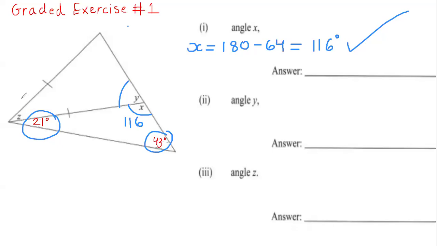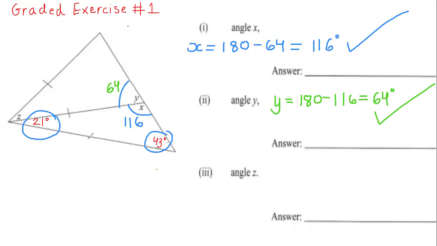And so Y is going to be 180 minus what? 116, good. So this is going to be 64, because we subtracted 180 minus 116. Chico, did you get this? Yes, sir. So Y is equal to 64. Anyone else got this?